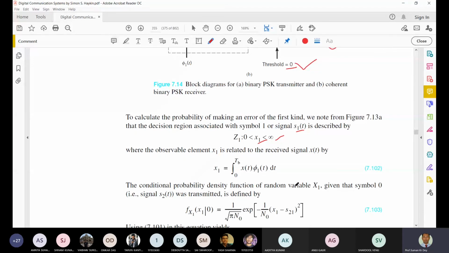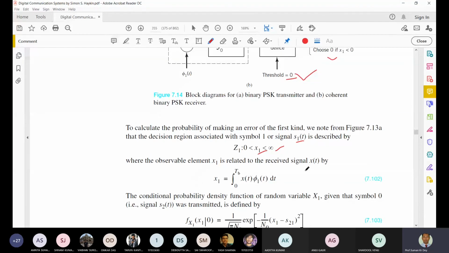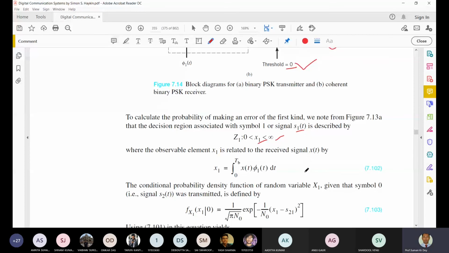So now we want to calculate the conditional probability density function for a random variable x1 given the symbol 0, that is, symbol 0 means your signal S2 was transmitted.